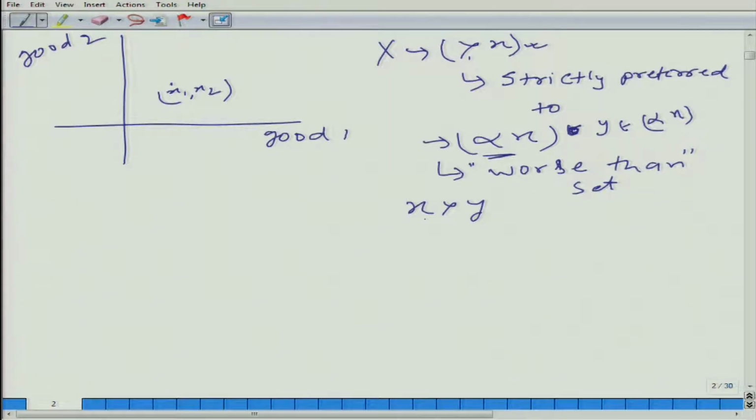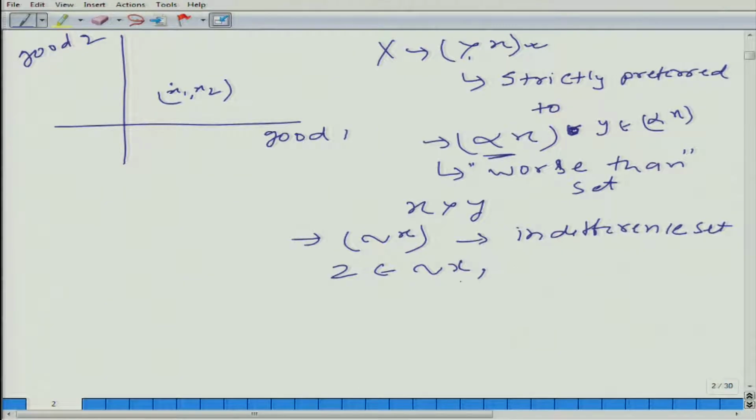This is what you will get. And the third is, of course, the indifference set. Here, take any element z in this indifference set, and what would you get? You are indifferent between x and z. Is it clear? Fine.